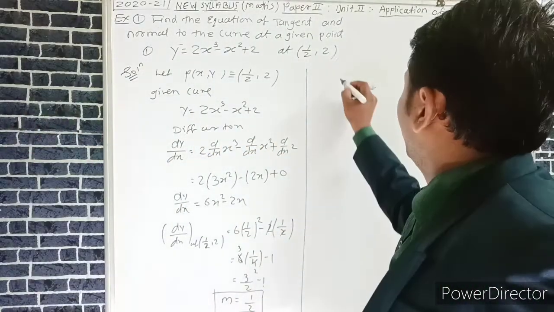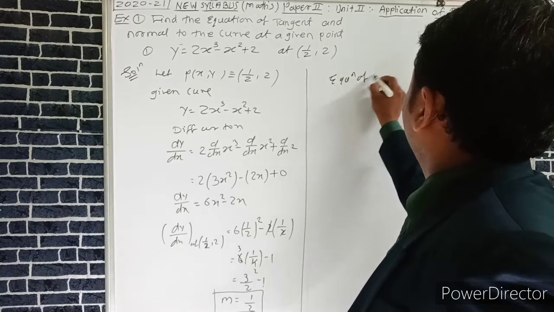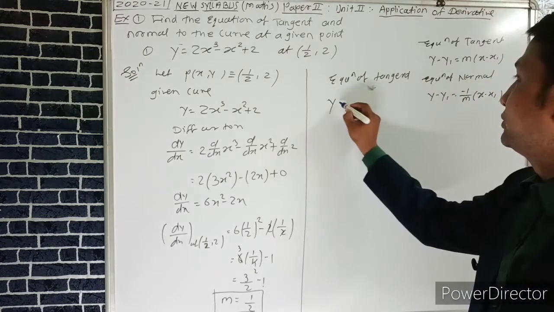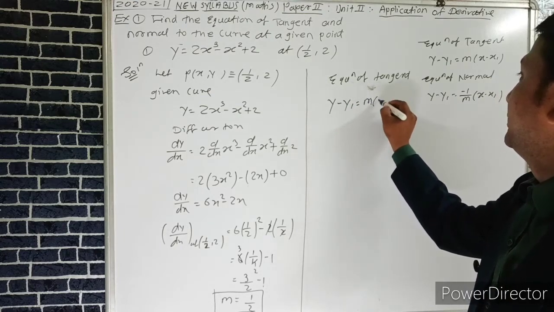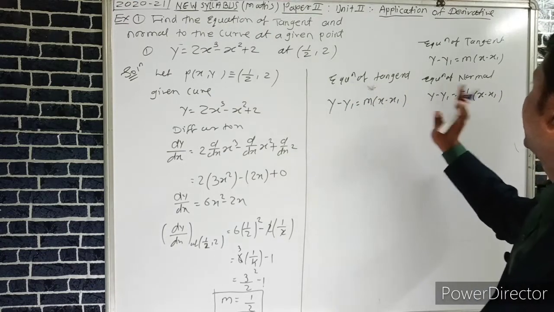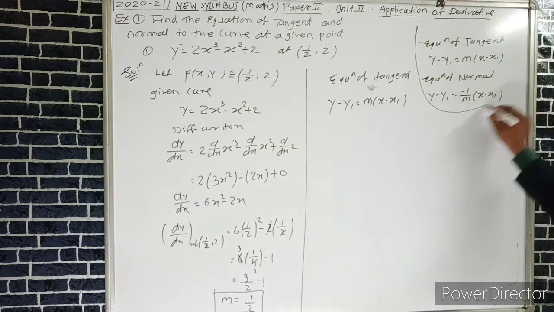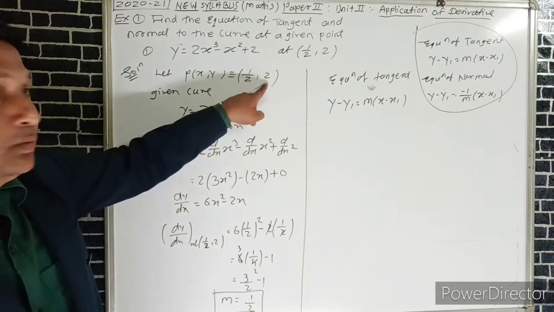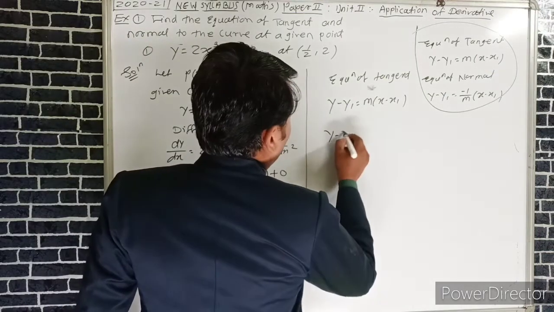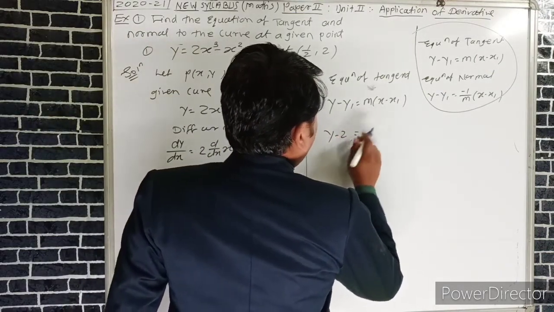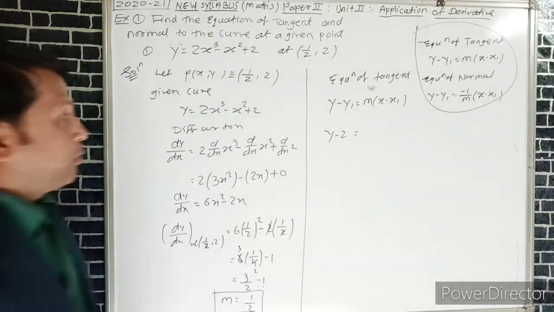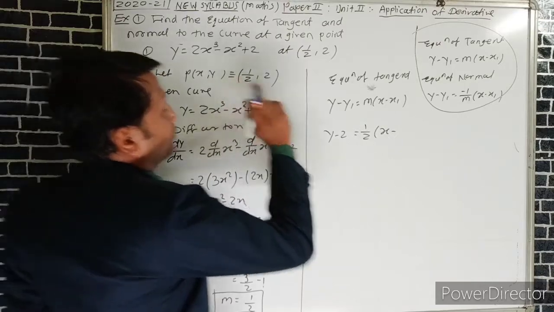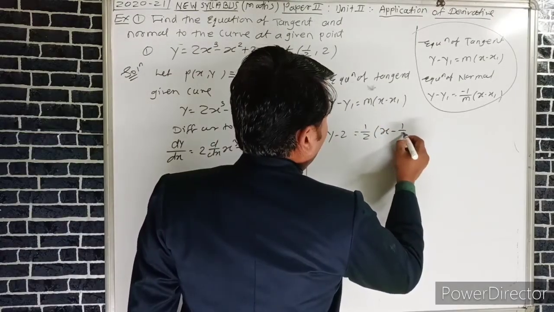So we know that the equation of tangent is y minus y1 is equals to m into (x minus x1). By using this equation of tangent, the value of y1 is 2, so y minus 2 is equals to the slope m, which is 1 by 2, into x minus the coordinate of x1, which is 1 by 2.